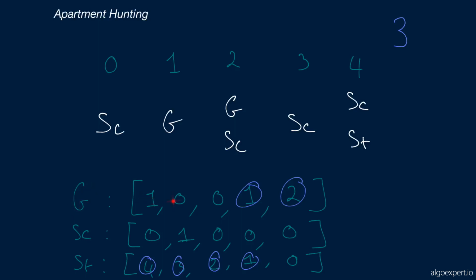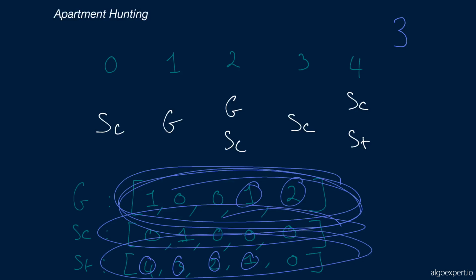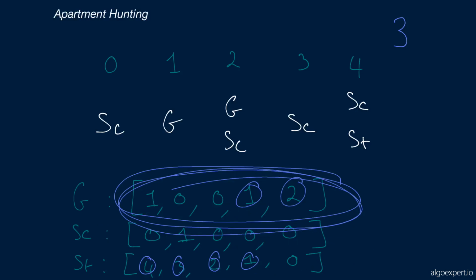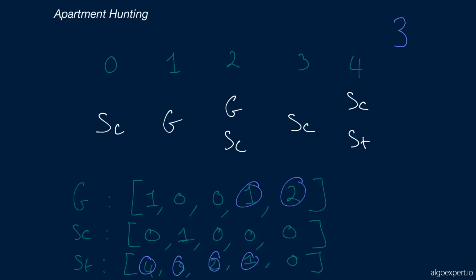If we can compute this entire row in O of B, not O of BR, then we can do all of these computations R times, which will be O of BR, and it won't add to our final time complexity, and we'll be good. So how do we compute all of these values in O of B?